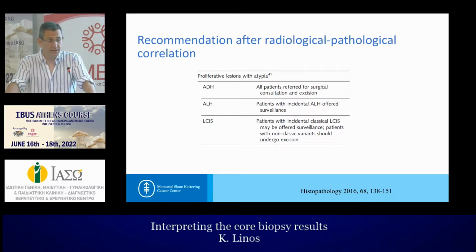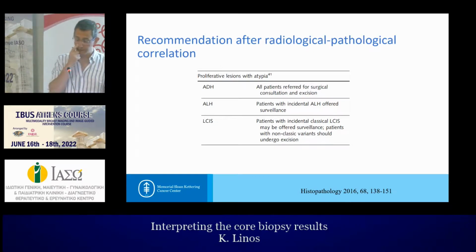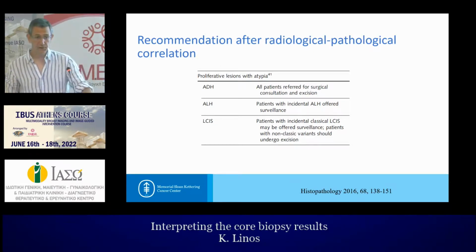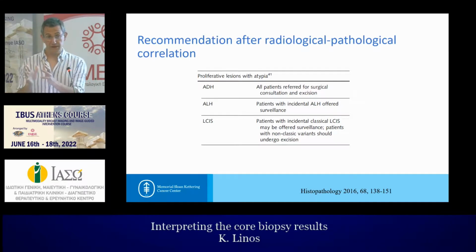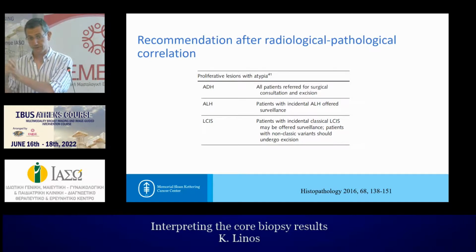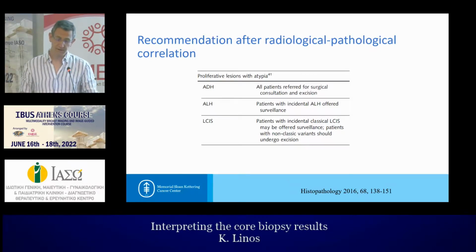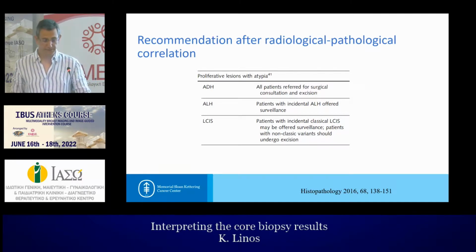So if your patient gets a diagnosis of ADH in a breast core needle biopsy, these patients should be sent for surgical consultation and excision, unless you have a very small focus of ADH and all the calcifications have been removed. There's a small percentage of patients with whom you can discuss observation, but the great majority of these patients should be referred for excision. Patients who get a diagnosis of ALH only can be offered surveillance.